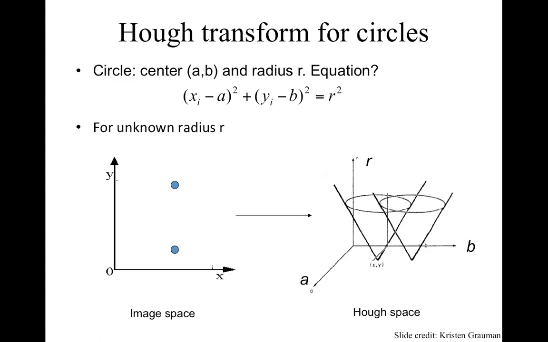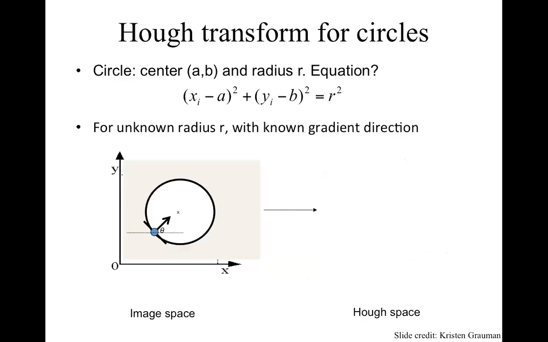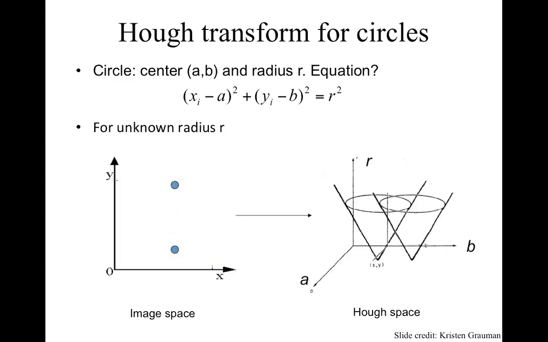Of course, you need another point such that you will find the solution. So just remember that in this case, when you have an unknown radius r, to each point in the image space will correspond a cone.